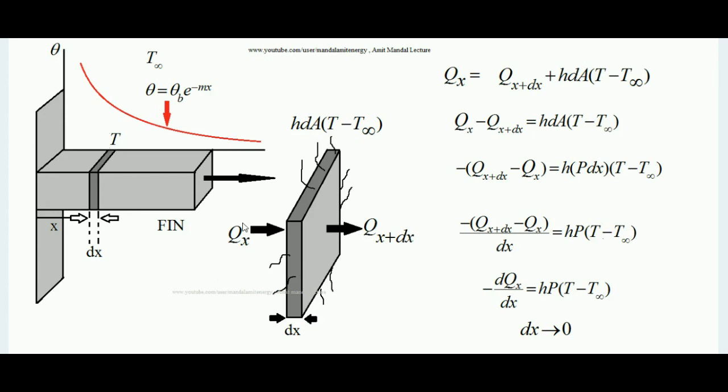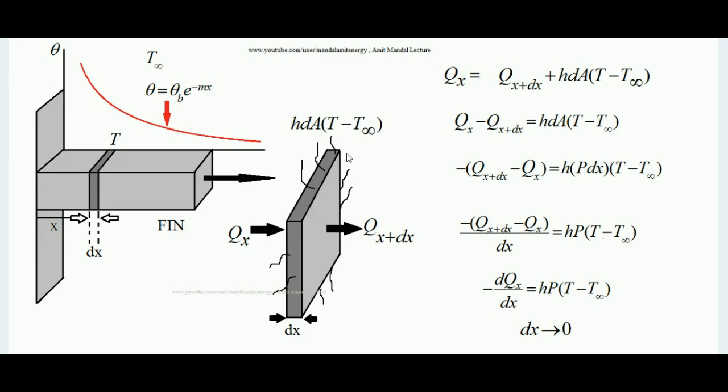Qx is the heat input rate to this thin section from the left hand side, by conduction. Qx plus dx is the heat output rate from the right hand side of this section by conduction. Now let's do the energy balance.